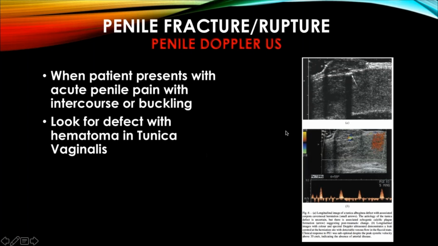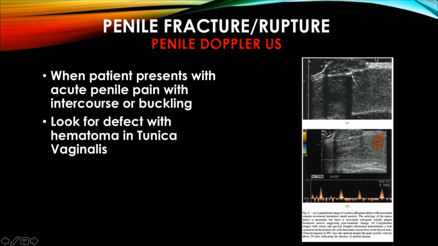So this is a patient who had a complaint of penile pain with intercourse, and it had a buckling event. This is the most common way penile fractures present. It's kind of interesting the way patients say it. Many times they'll come in and they'll say they were doing something completely unrelated, like bowling, and they hit their penis with a bowling ball.